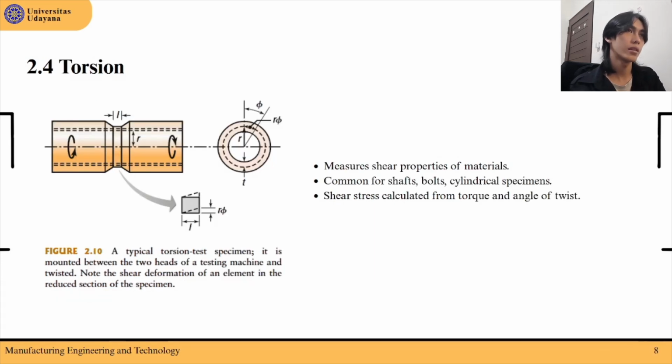Okay, next slide. We have torsion. The torsion test measures the shear properties of material. It is commonly used for shafts. The test provides shear stress and strain data, which are calculated from torque and angle of twist.